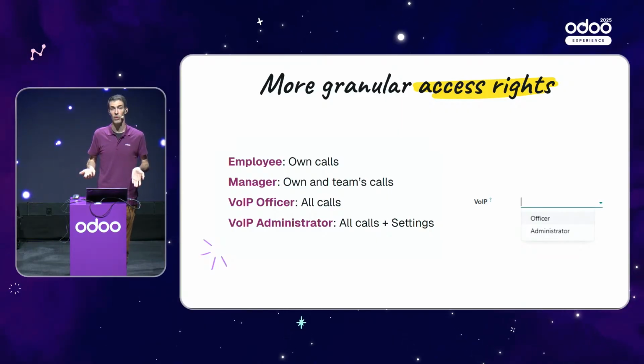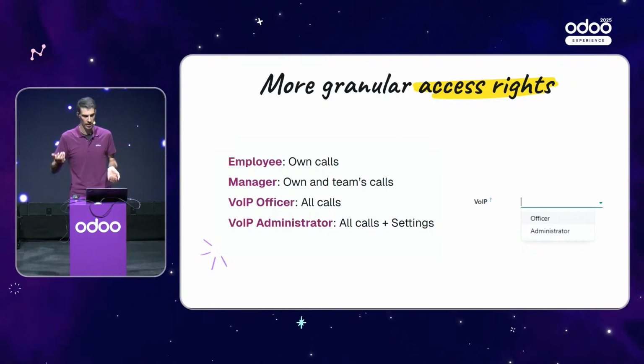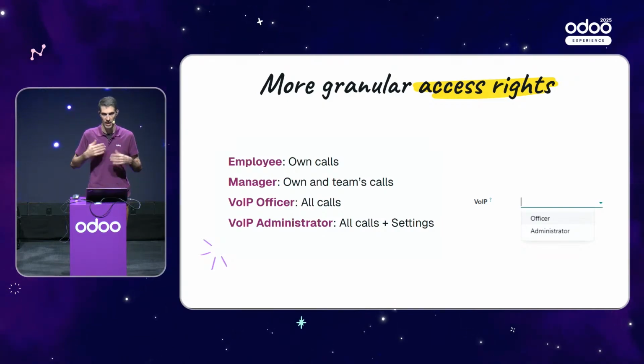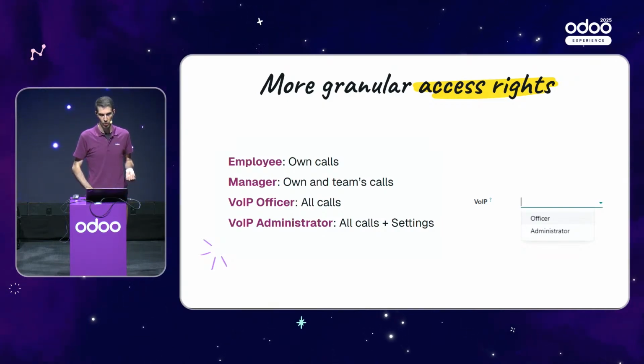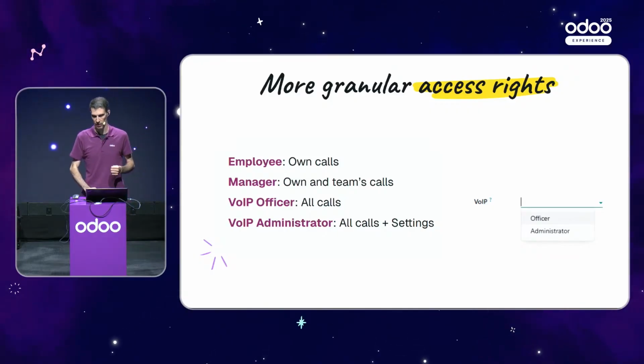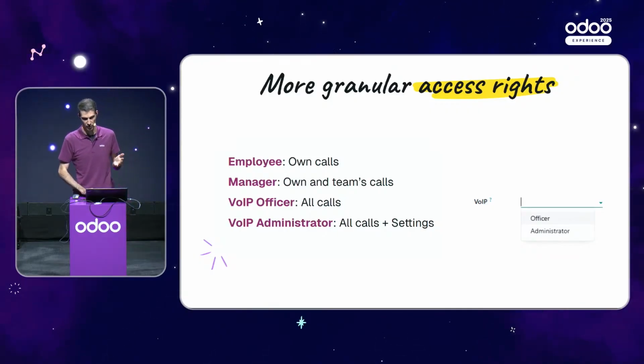We've introduced a VoIP officer role who has access to all the calls of everyone, and the VoIP administrator who has access to all the calls as well as the settings of the VoIP phone app, the Odoo Phone app.